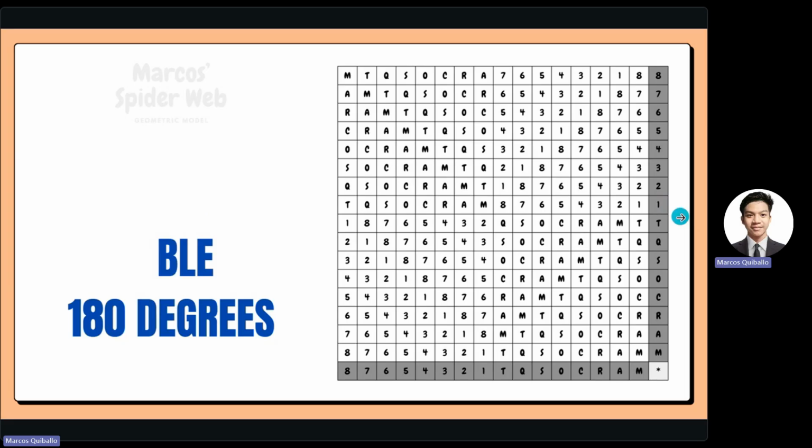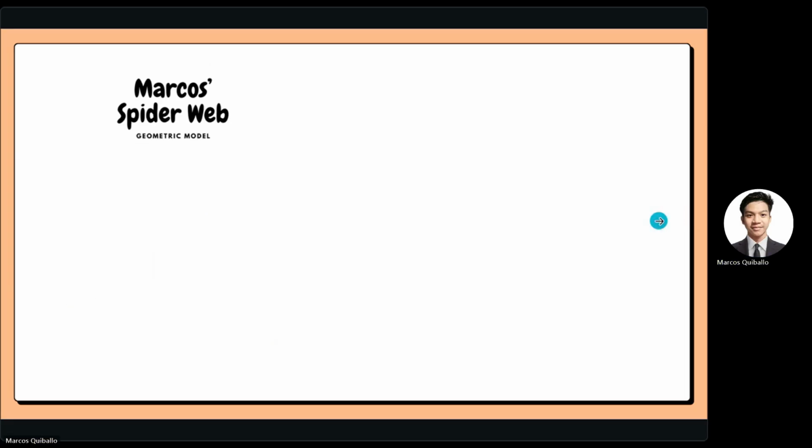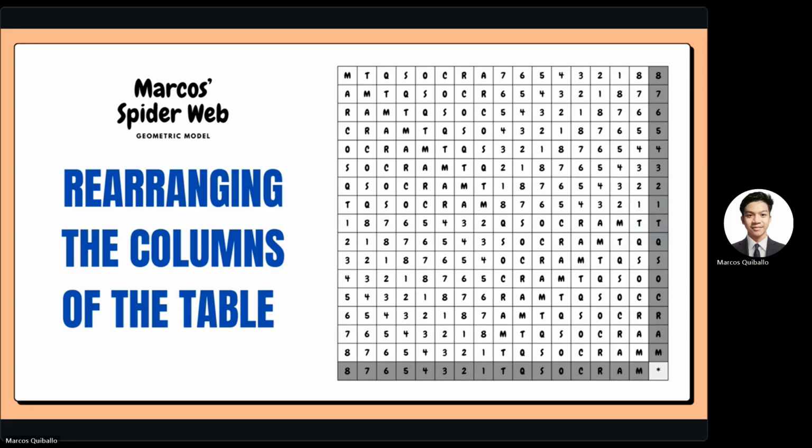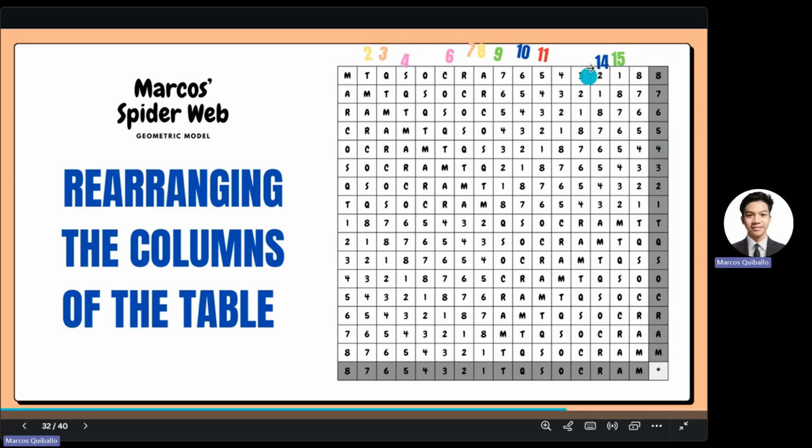Next, we need to rearrange the columns of the table. We interchange column 2 to column 8, column 3 to column 7, column 4 to column 6, column 9 to column 15, column 10 to column 14, and column 11 to column 13.